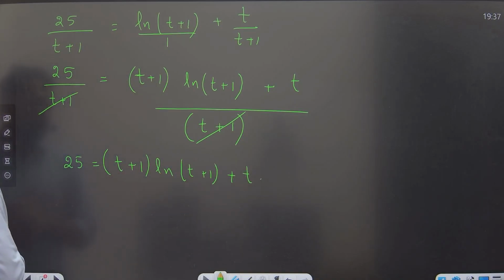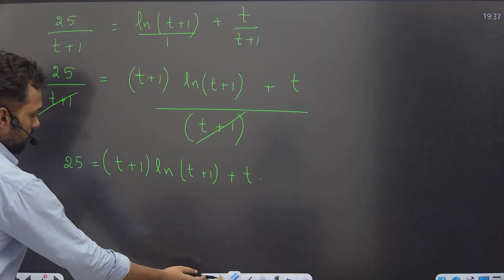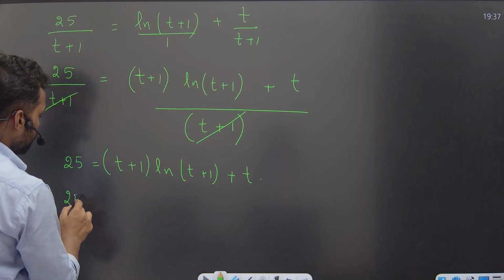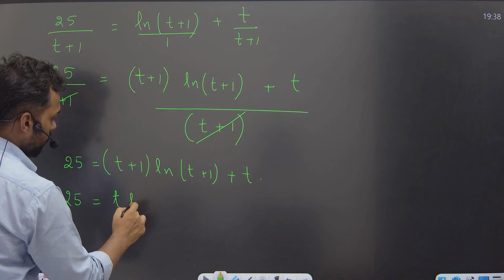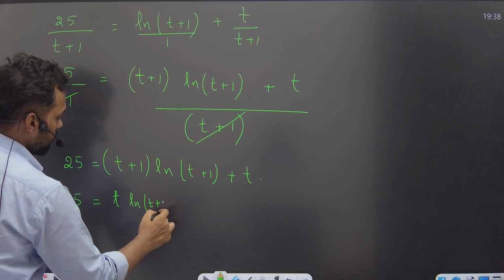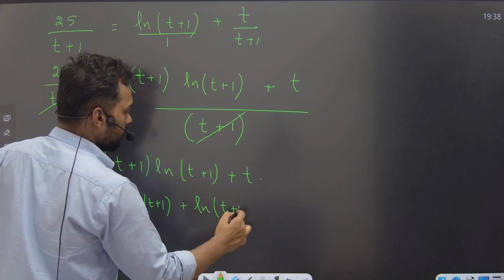Transposing this t to the left hand side, so we are getting 25 negative of, okay, leave it. So we'll get 25 equals, expand this part, so we'll get t times log of (t plus 1) plus log of (t plus 1) plus t.